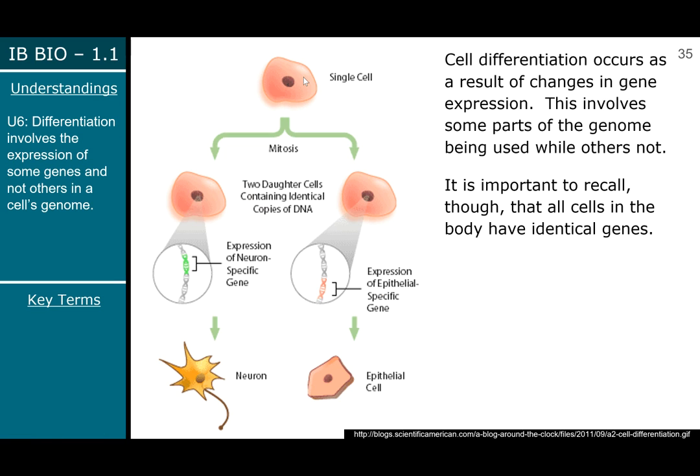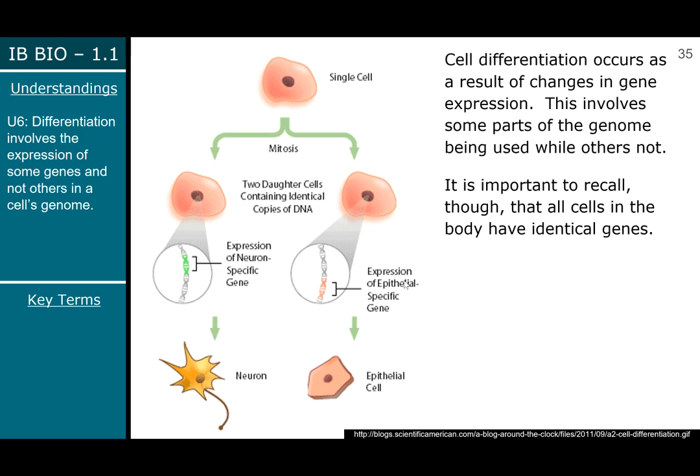However, it's destined to become a specific type of cell using only parts of those instructions. So this same cell, once it divides, could become a neuron based on what genes are expressed, or it could become an epithelial or a skin cell based on what genes are expressed. So the destiny of a cell is related to the expression of specific genes.